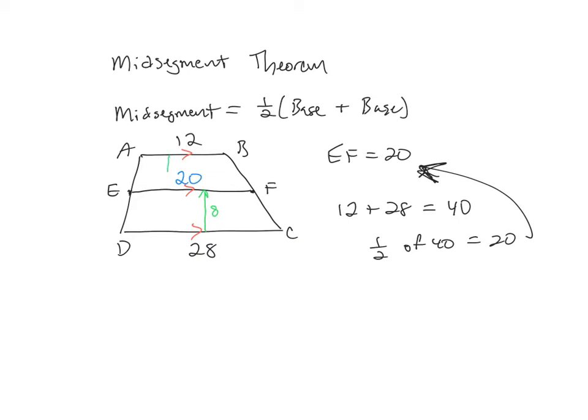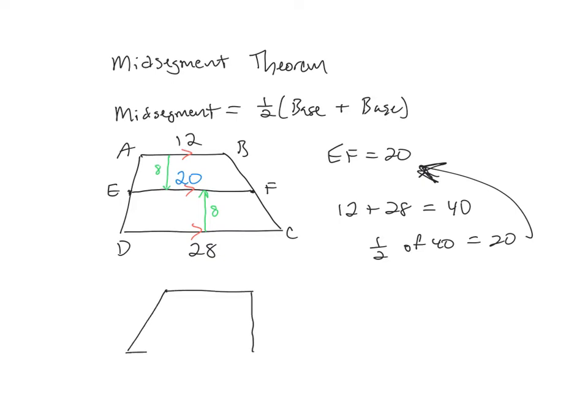And from 12 to 20 is a difference of 8. That will always happen. So you could ask yourself, midsegment, what's in the middle? What number is in the middle of 12 and 28? And that can be helpful, because you will see a problem like this.